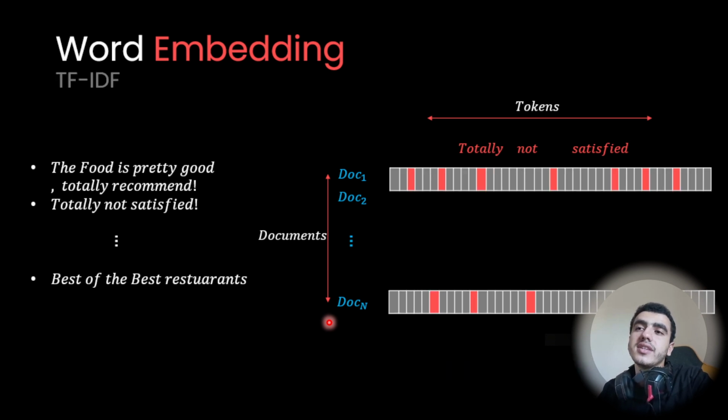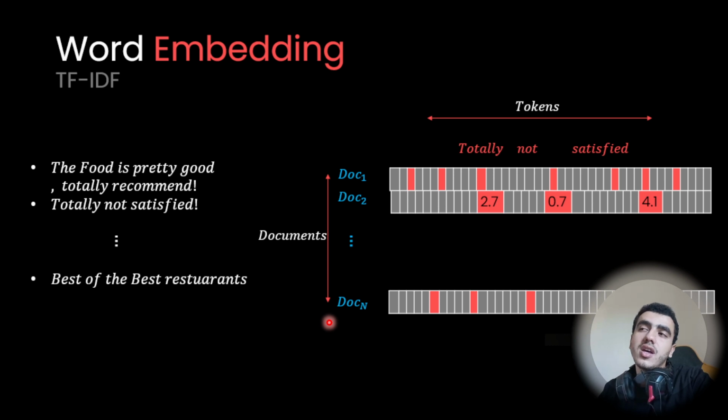Another approach is using TF-IDF. Instead of counting the frequency or checking existence, I can use an improved way of giving each token a score in the document.